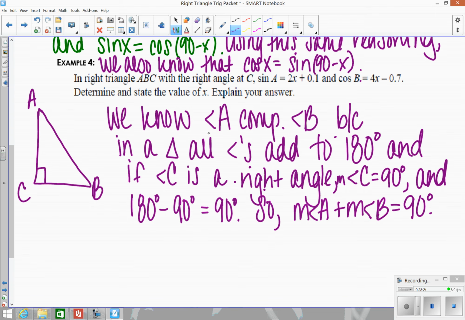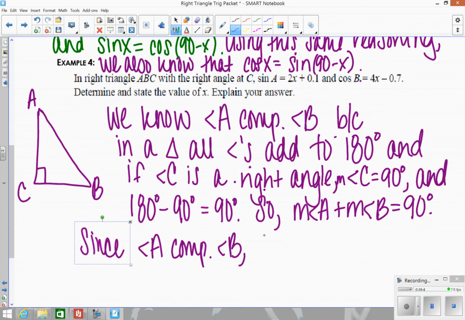So since angle A is complementary to angle B, we now know that the sine of one has to equal the cosine of the other. Because now we're using the complements rule, we know that sine of A must equal cosine of B, and vice versa.